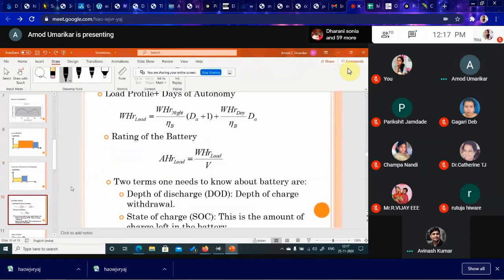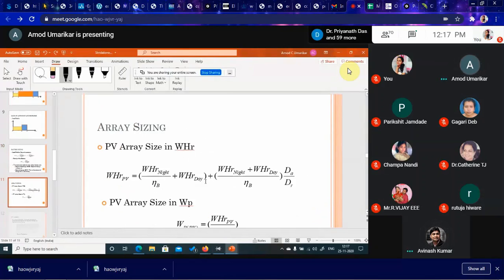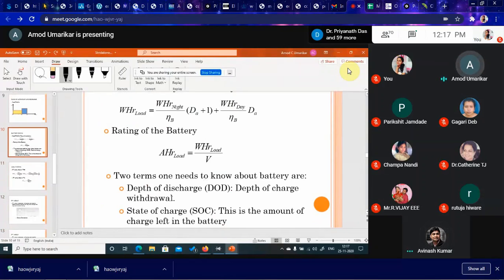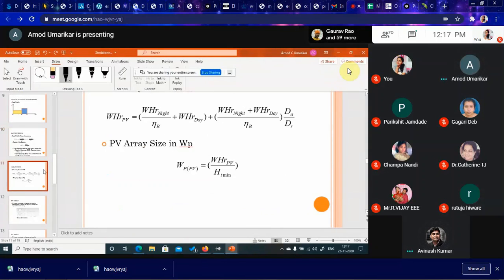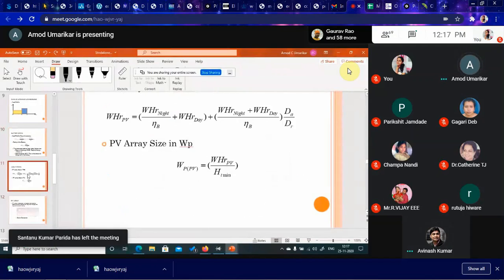So there we have taken the load profile plus day autonomy, and two terms we need to know: depth of discharge and rate of charge. So we have to consider depth of discharge, and take this into account.